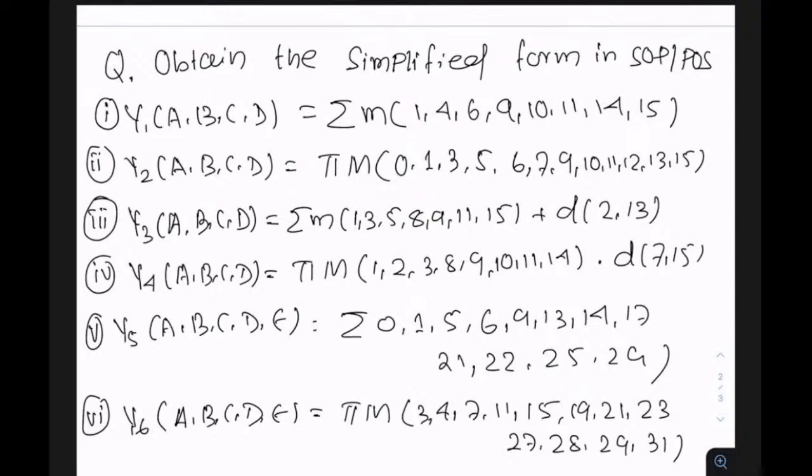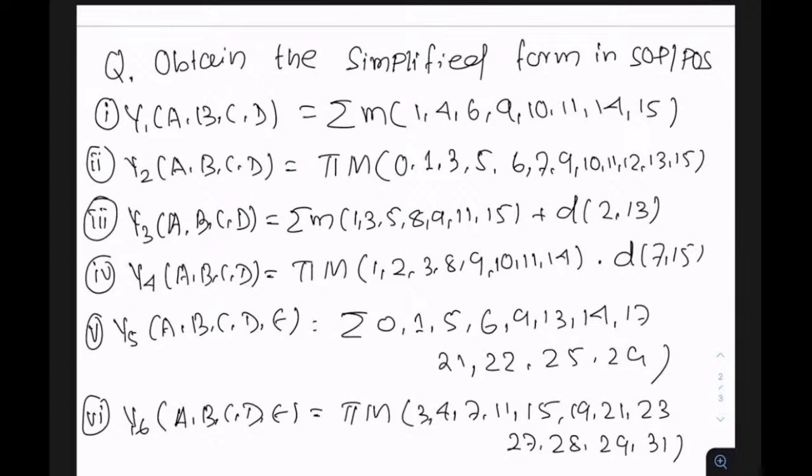Let's solve this. In every case, I would be happy if you can participate in the discussions for finding PI and EPI. Let's start with the first question, where y of ABCD, I have given the min terms. The requirement is to obtain the simplified expressions in SOP and POS form.